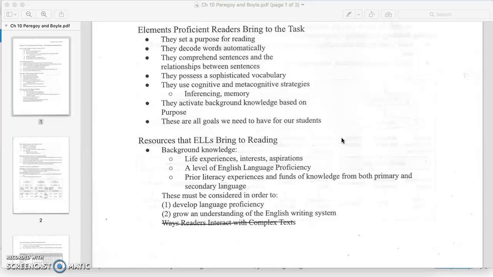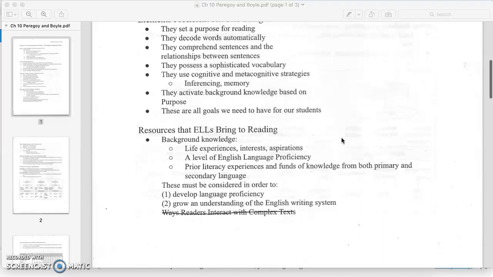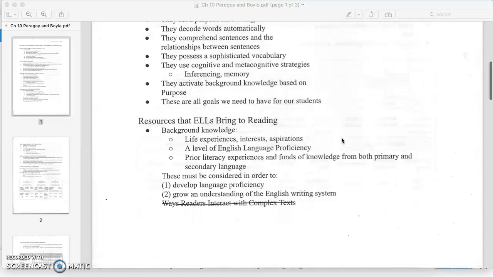The vocabulary is well developed, and they're able to continue developing the vocabulary through their prior knowledge. Having a strong sense of cognitive and metacognitive strategies, like reflecting on their own thoughts and what they read, and being able to activate background knowledge based on their purpose.